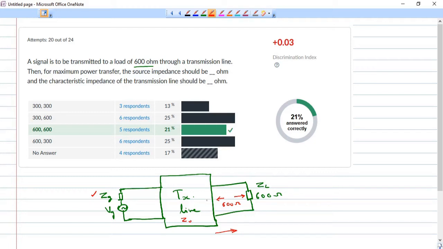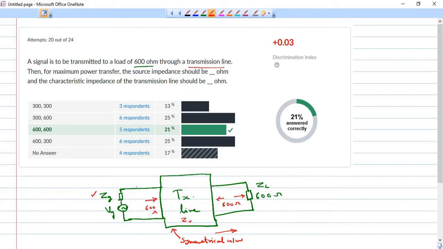This is an example for a symmetrical network, so the impedance that we see from this side should also be equal to 600 ohm. So that should be the characteristic impedance of this transmission line.